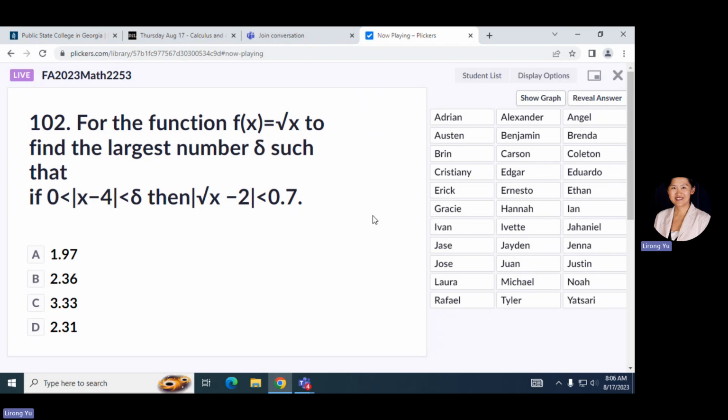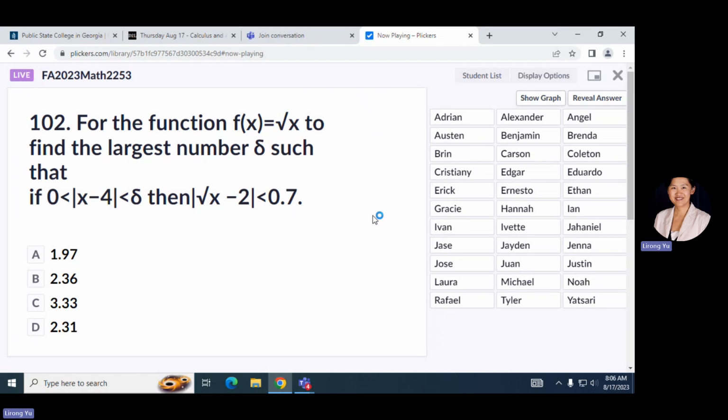Now, on the board, we have a solid question because instead of an arbitrary epsilon, we have a single epsilon that is 0.7. Suppose we choose epsilon to be 0.7, how can we choose the delta? The x minus 4 less than delta causes root of x minus 2 to be less than 0.7. There's a relation between the two because if x is closer to 4, root of x is supposed to be closer to 2.